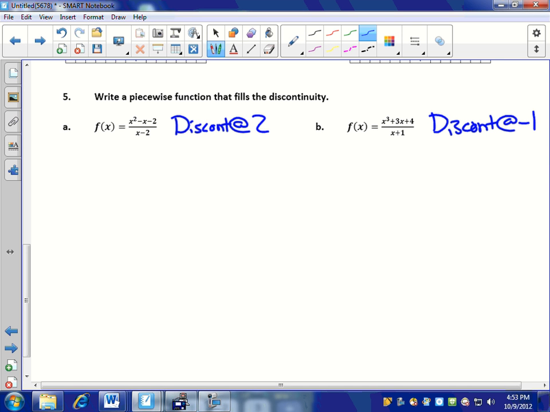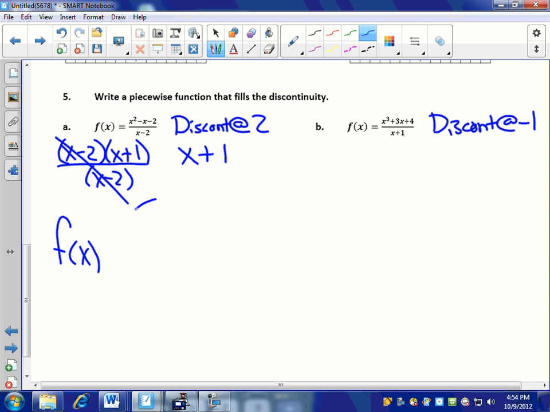But what does this want to look like? It wants to look like x plus 1. So I could say the function is equal to my original one, x squared minus x minus 2 over x minus 2 for x values not equal to 2.